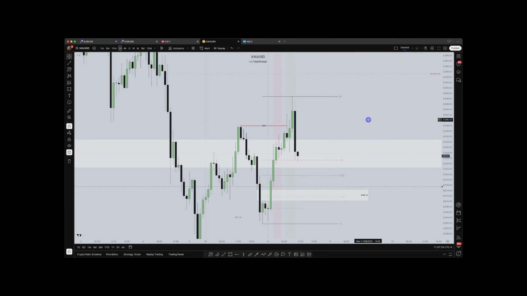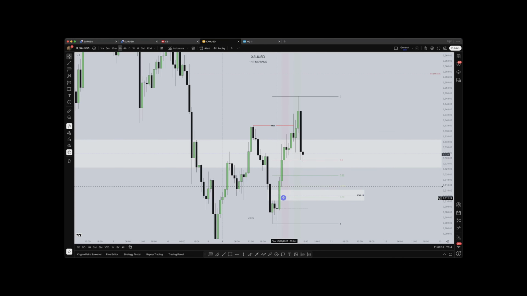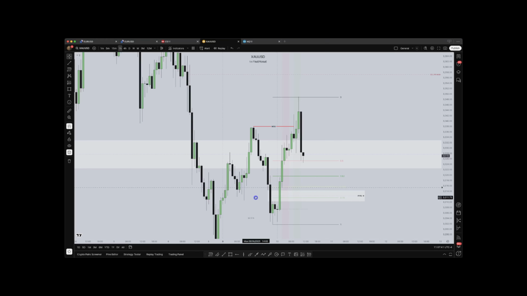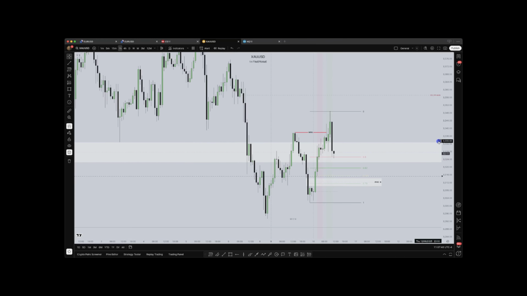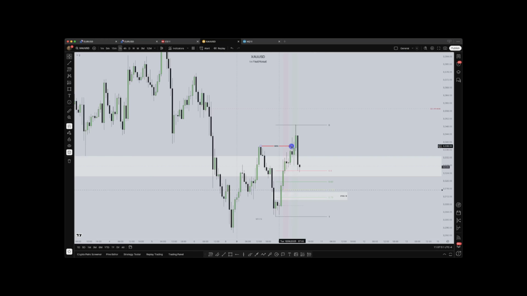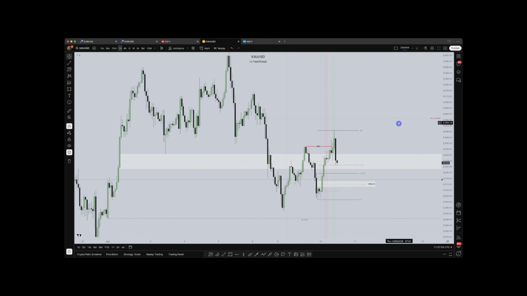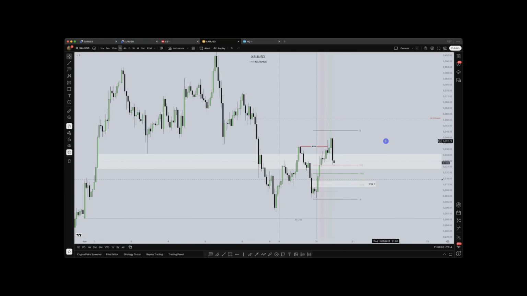I set my alarm there. So if price decides to visit this level, depending on how I see the market, I can possibly take a long trade. So sometimes you should wait. It's not about taking trades every time, just wait for your setup, and once it occurs, you take the setup.